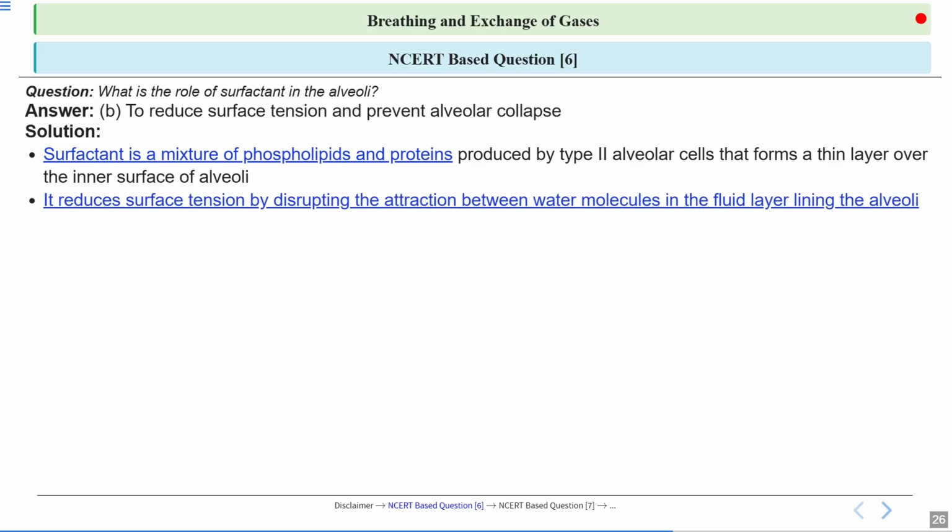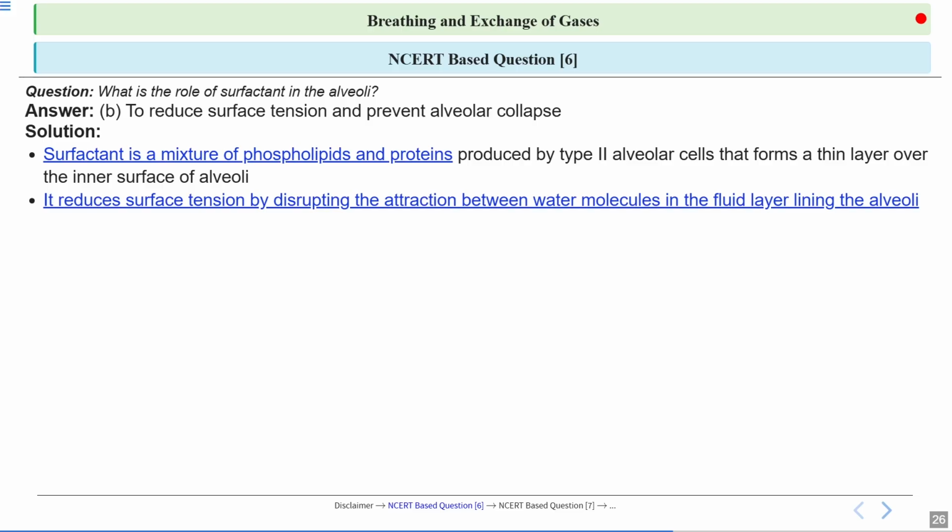So it reduces the surface tension by disrupting the attraction between the water molecules in the fluid layer lining the alveoli, right? Because there are a lot of water molecules just around this alveoli region.